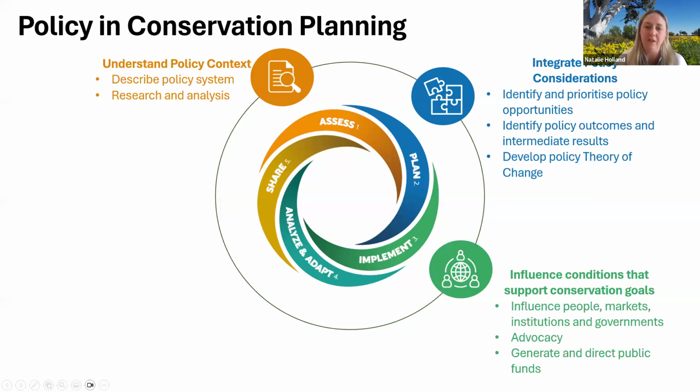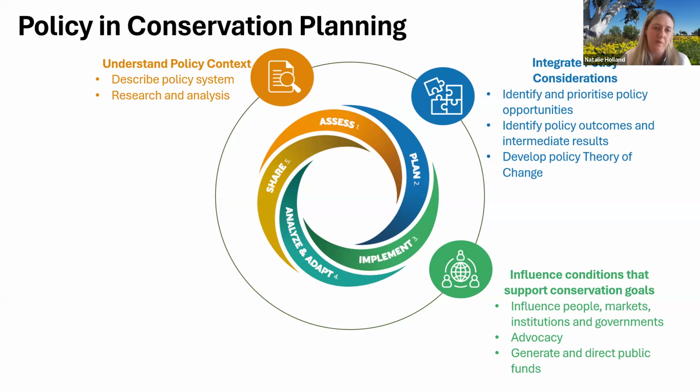Then in the implement part of the process, this is where you're directly taking actions to influence the enabling conditions for conservation. This might be influencing people, markets, institutions, governments, and it might take the form of advocacy or lobbying. And you might also be looking to influence the funding that's available and the priorities of where funding is being spent.